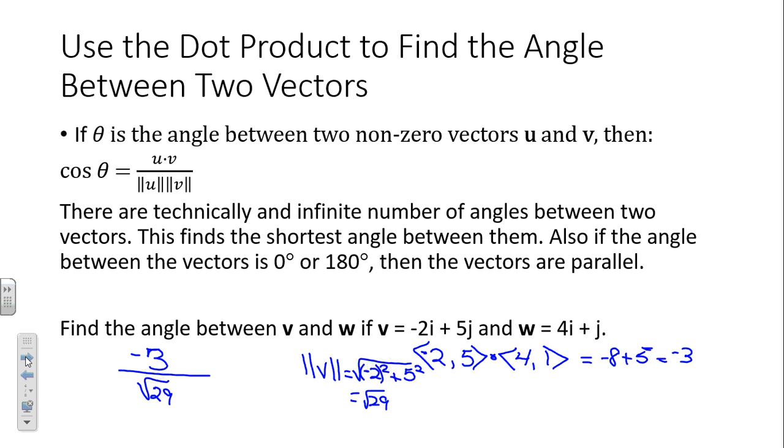Now we need to find the magnitude of w. Okay, so Ray, how do we find the magnitude of w? Here's our w. We already got that, but we want to find the magnitude now.